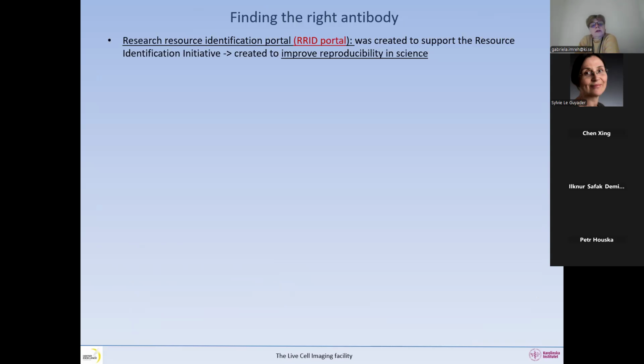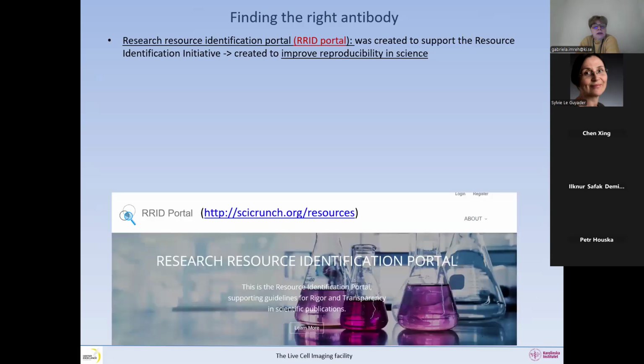Another search engine which I like very much is the Research Resource Identification Portal, hosted by the SciCrunch homepage, and created to improve reproducibility in science. So what is this database all about?